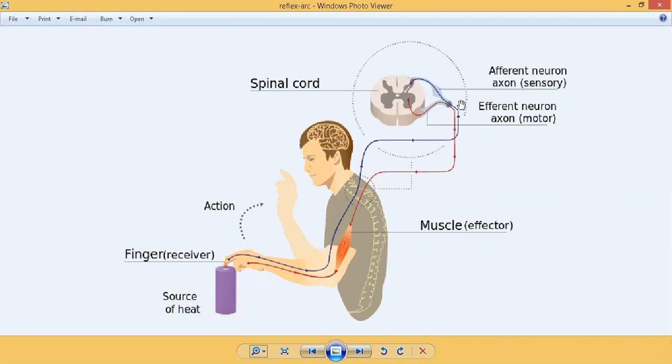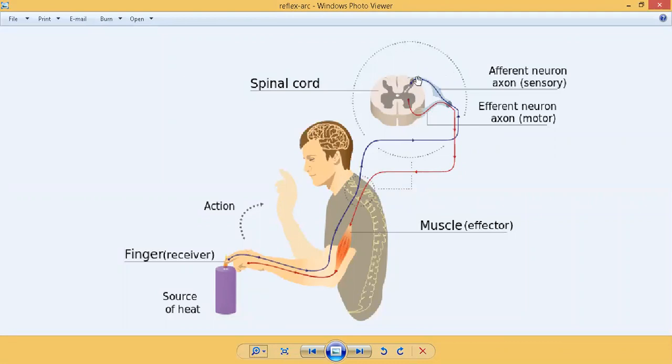The second component is the lower motor neurons, which are shown in red, and they are also known as the efferent neurons. They exit the spinal cord, as you can follow the arrow, and supply the muscle.